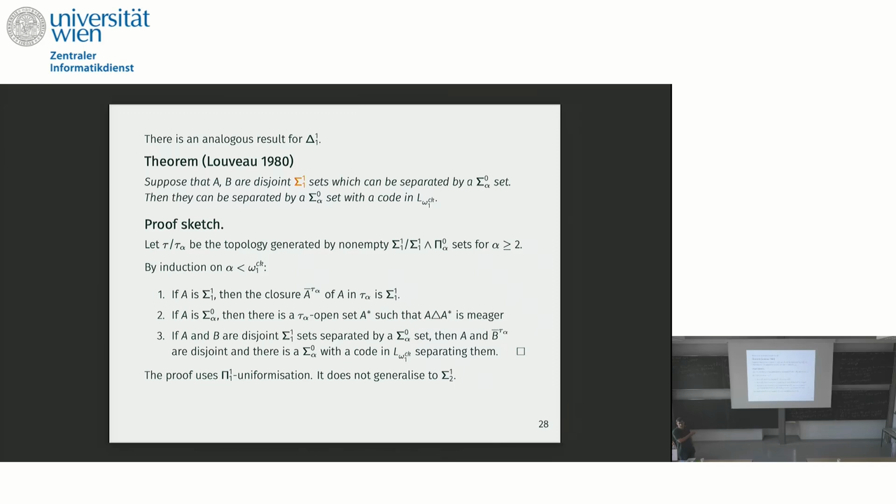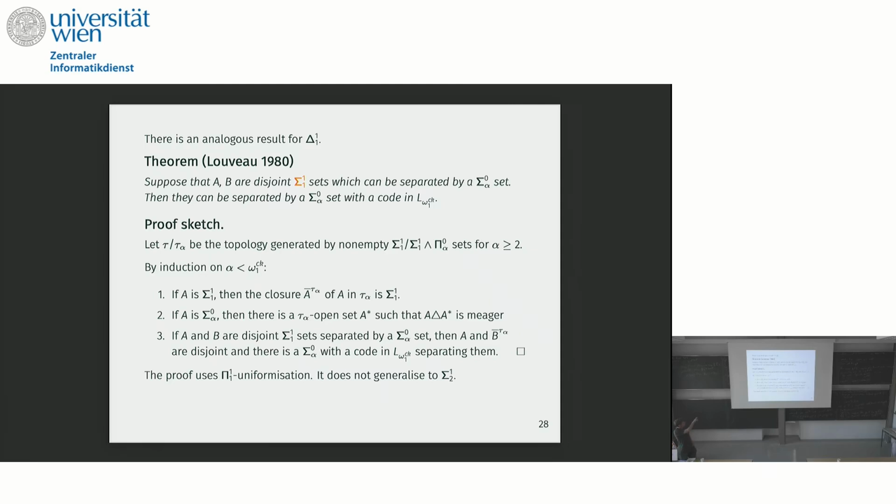In general, they can be separated by a Borel set, but we know the level of the set. But then Louveau proved we can actually pick a set with a hyperarithmetic code. Very simple sigma 0 alpha set. You can see this is analogous to what I was saying before. But just in our setting, we're interested in codes in L, not in L omega 1 CK. So in this setting, the analog is L.